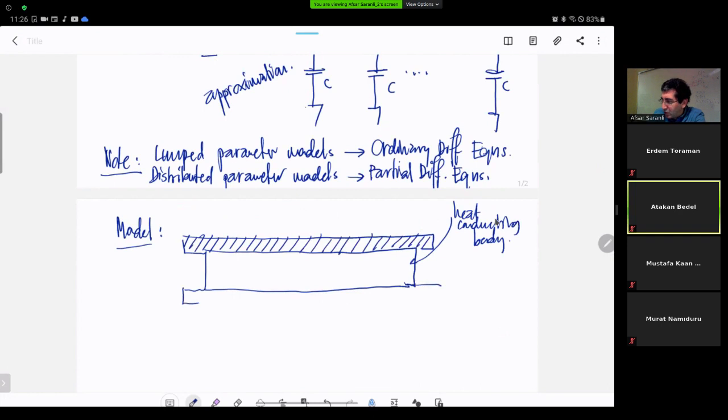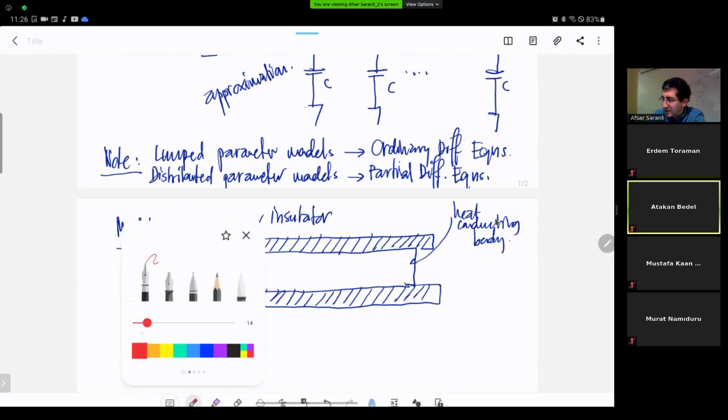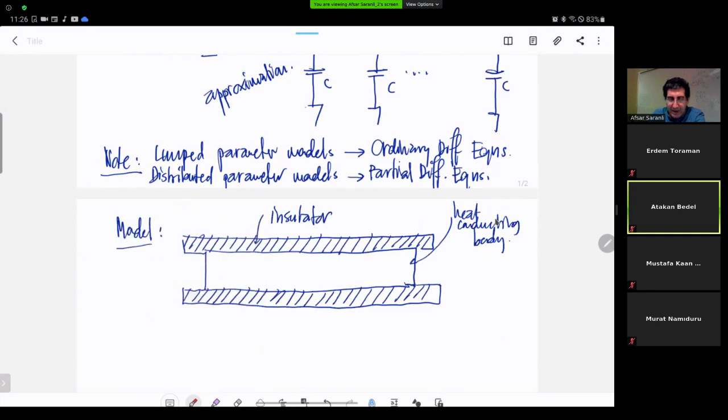So this is going to be insulators. When we say insulator, obviously we are talking about a heat insulator because this is a heat system. And we will assume that this has a cross-sectional area of A.